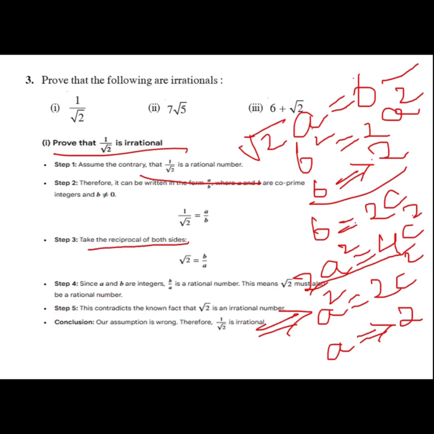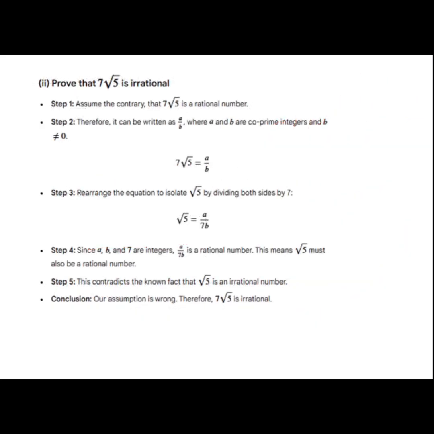If a square is divisible by 2, then a is divisible by 2. Hence, square root of 2 is not a rational number. Hence, 1 divided by square root of 2 is also not a rational number. Hence, 1 divided by square root of 2 is irrational.